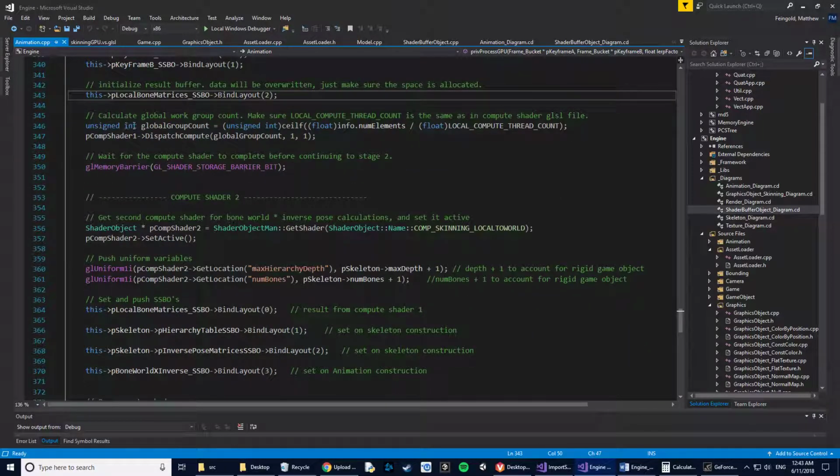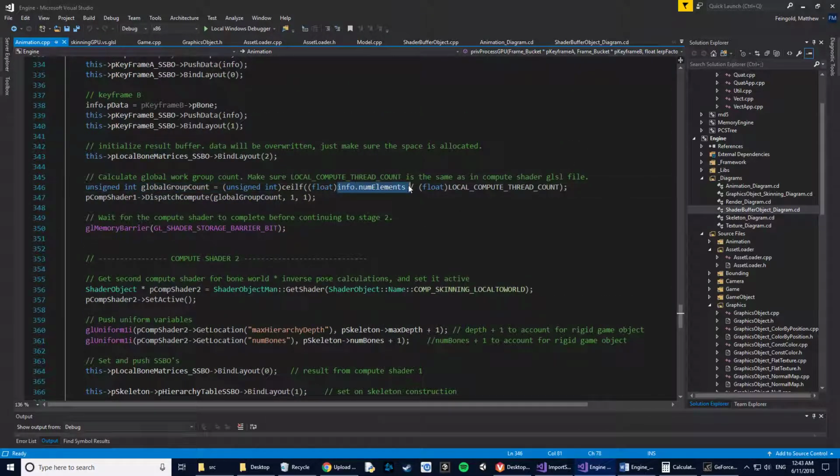And then I find the global group count by taking the number of elements in the buffer, which is basically the number of bones, and dividing it by how many local threads the compute shader is going to run.